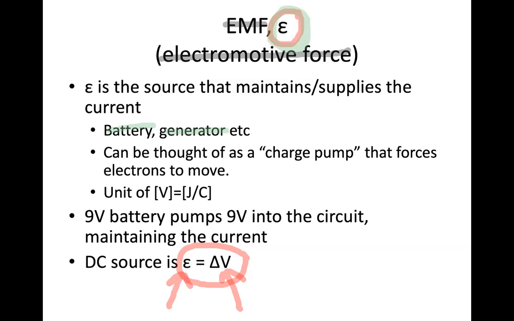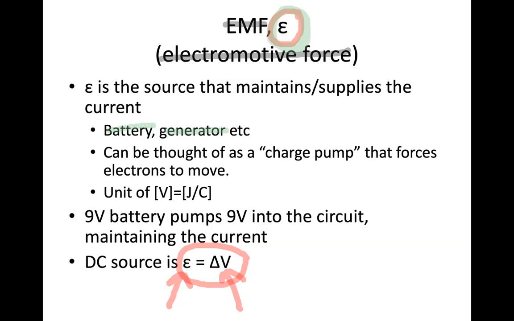If we want to go back to our analogy of water flowing through a pipe, that charge pump, the battery, is like a waterfall. There's a high side and a low side, a positive terminal and a negative terminal. So remember that in our batteries, we have chemical reactions that physically separate the electrons from the protons. Now they want to come back together, but they can't inside the battery.